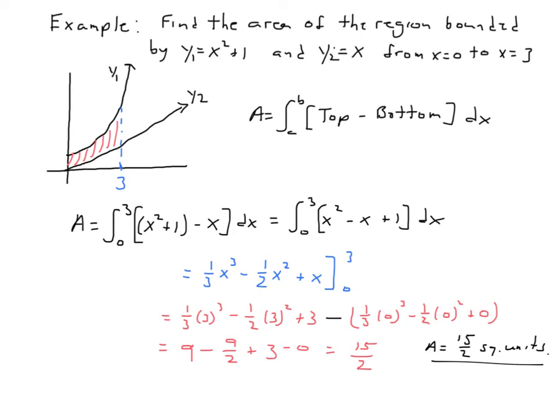When I simplify that, I get 9 minus 9 over 2 plus 3 minus 0. If I get a common denominator and combine everything, that calculates to be 15 over 2. So in this case, the area of my region is 15 over 2 square units.